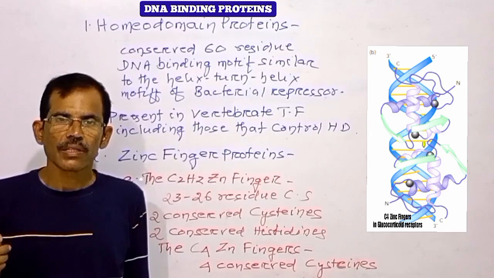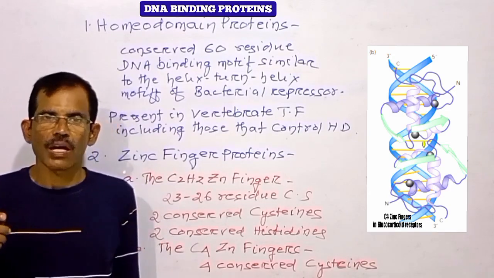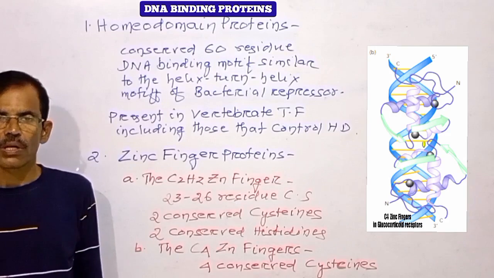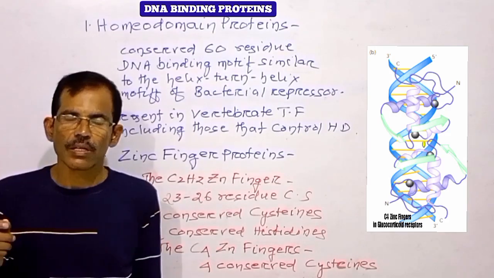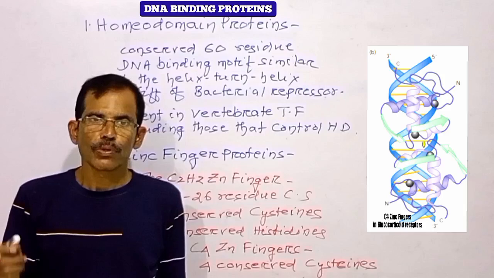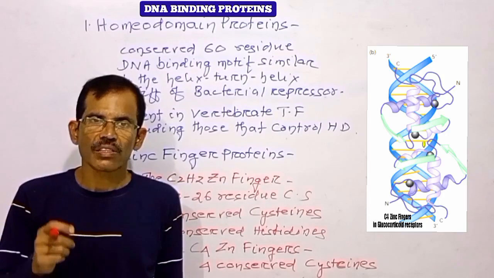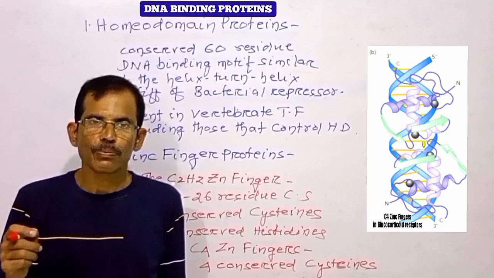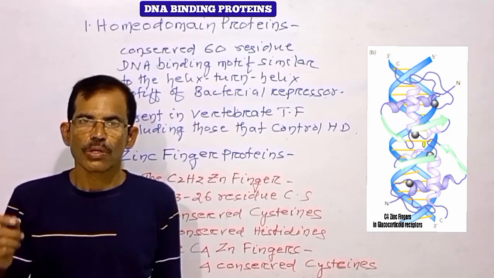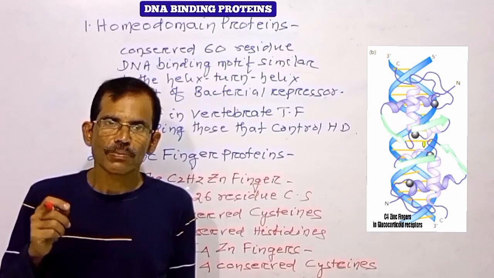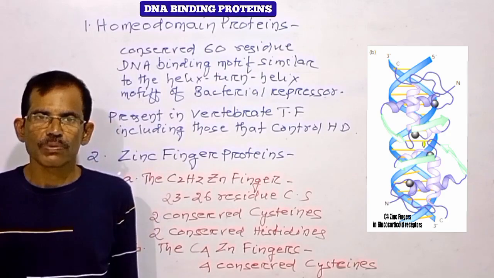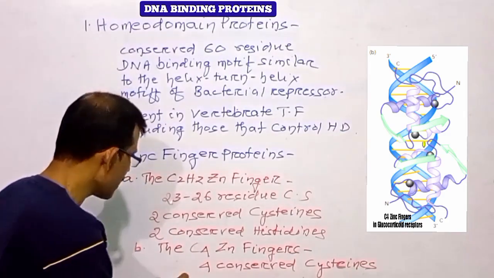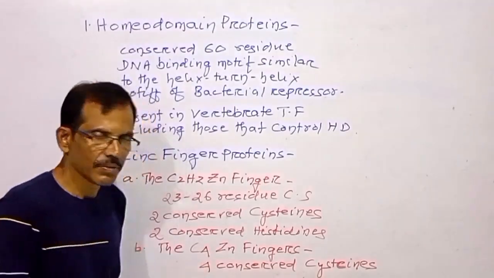It is present in about 50 human transcription factors. The characteristic feature of the C4 zinc finger is the presence of two groups of four critical cysteines toward each end of a 55 to 56 residue domain. Because of the presence of four conserved cysteines, this type of zinc finger is known as C4 zinc finger.